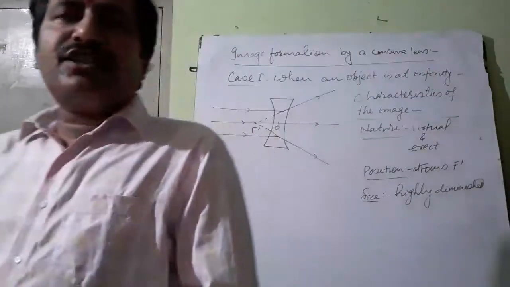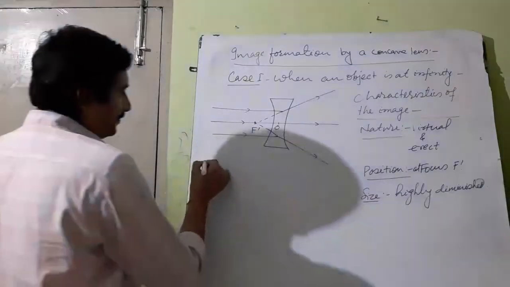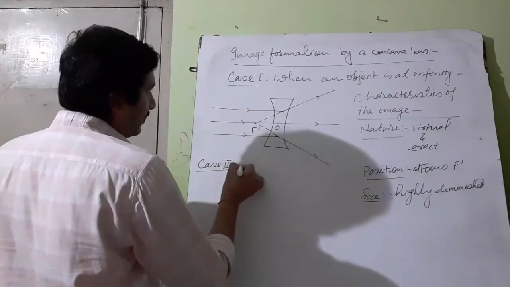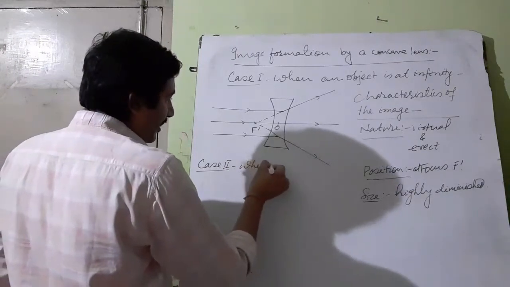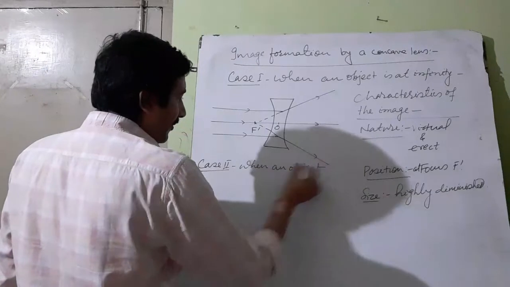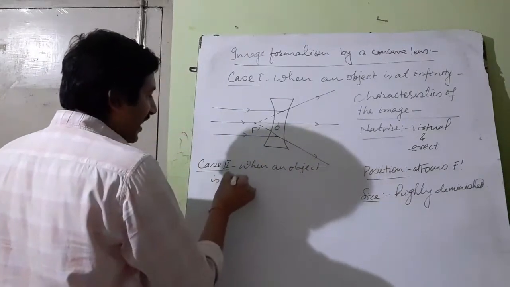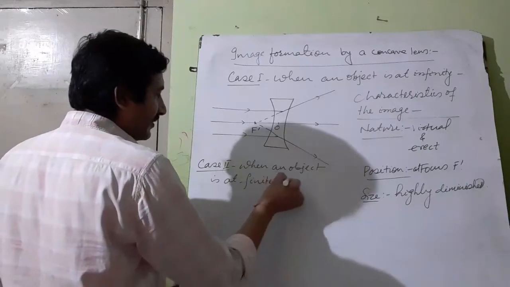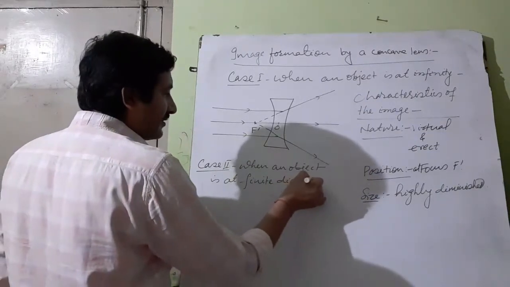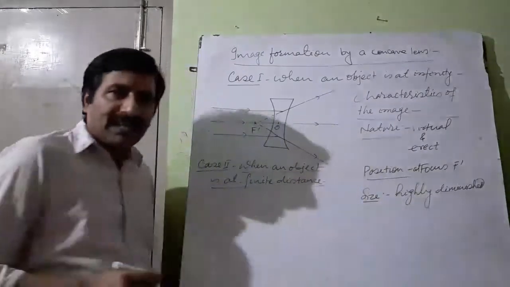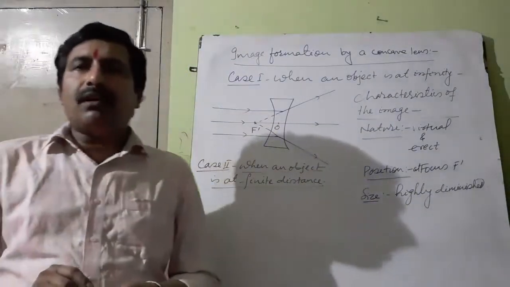Now let us take case 2. When an object is at finite distance. Finite distance means the distance which is comparable to the focal length of the lens.